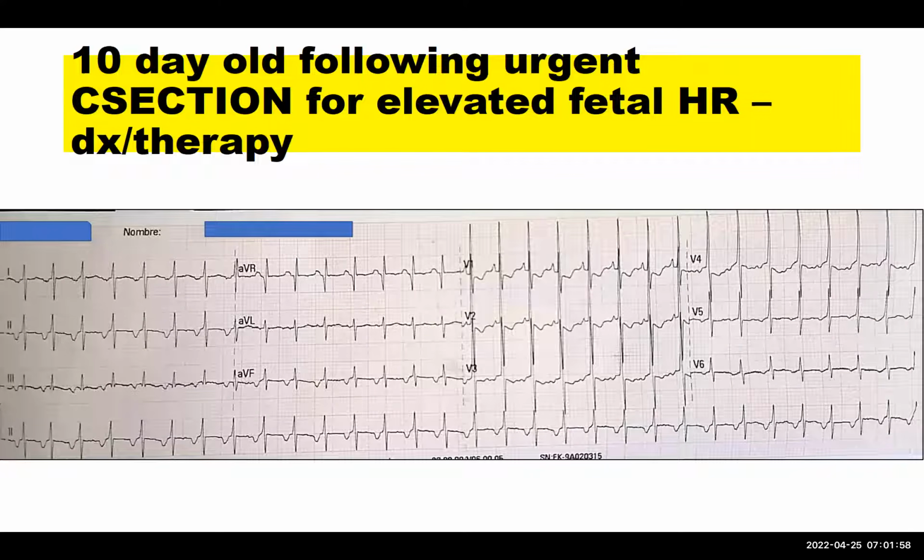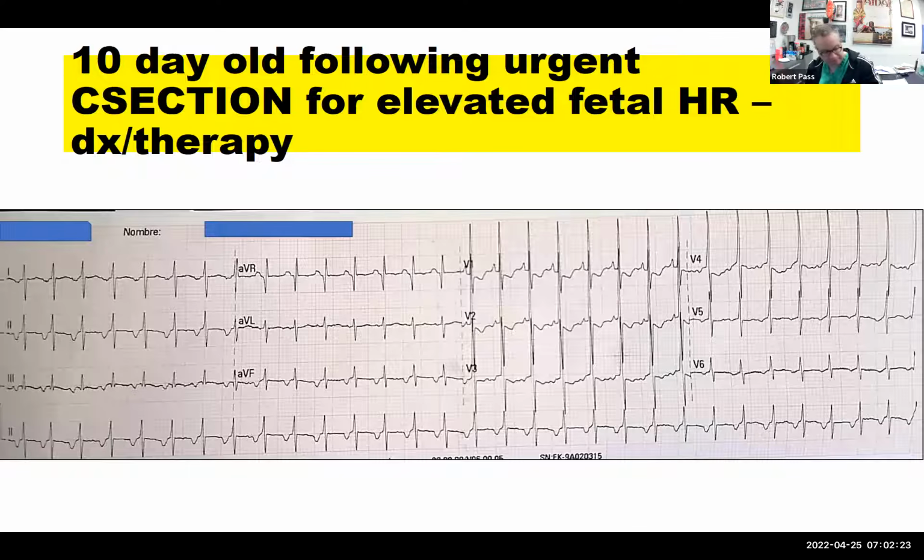So we can see that the P wave in 1, 2, 3, aVF is negative. So this is not sinus rhythm. This is low right atrial rhythm. Our heart rate is about 170, I guess.